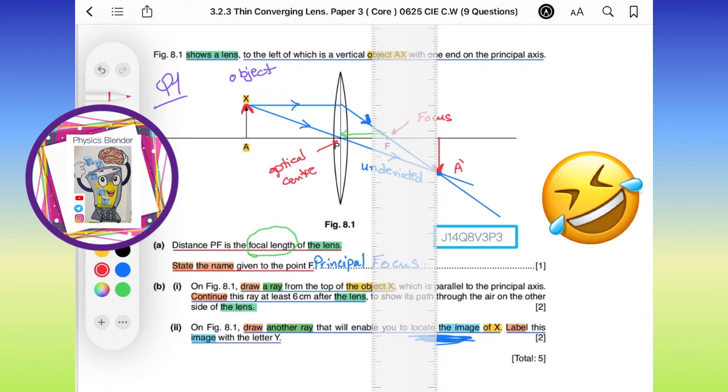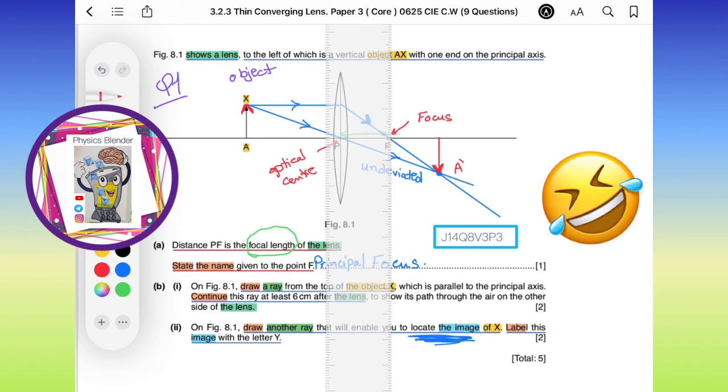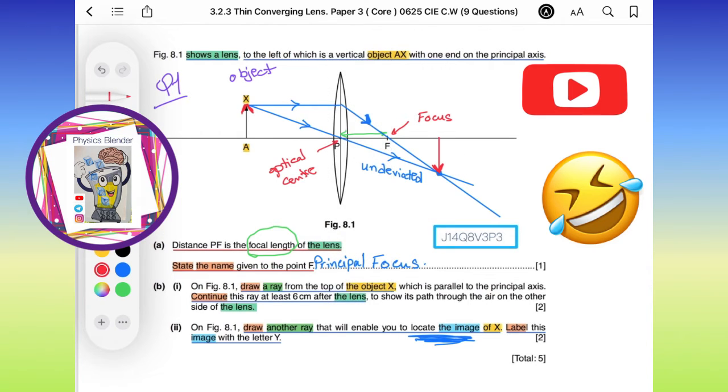So this is the image of X, and this is the image of A. But according to our question, you have to label the image with the letter Y. You have to follow the instructions, so you have to label it Y.